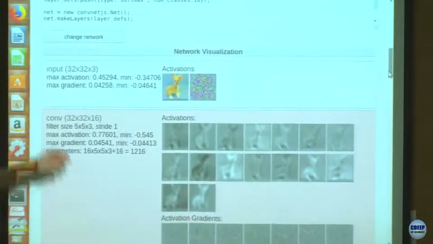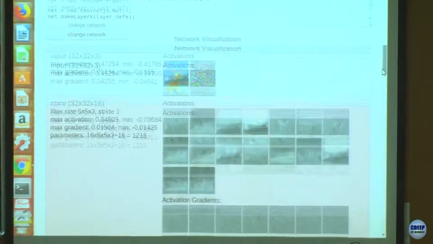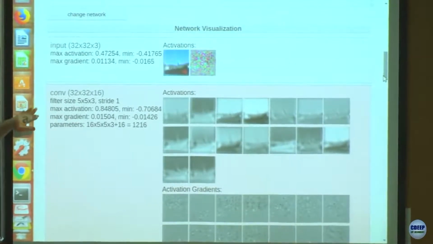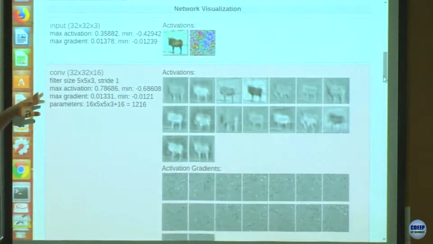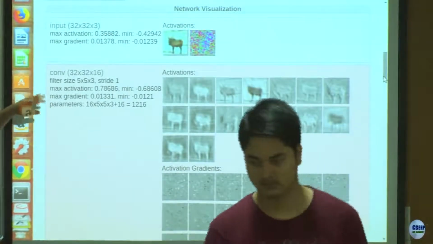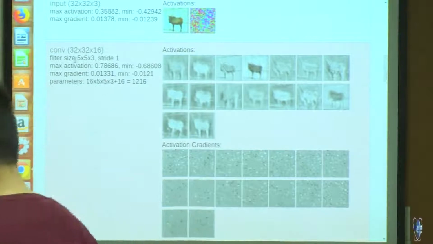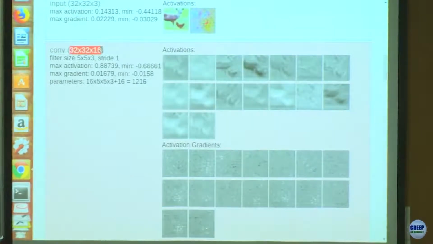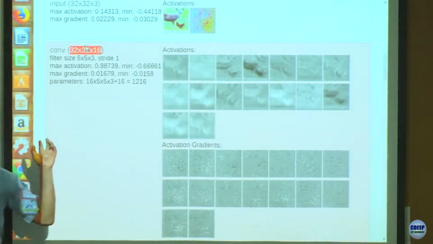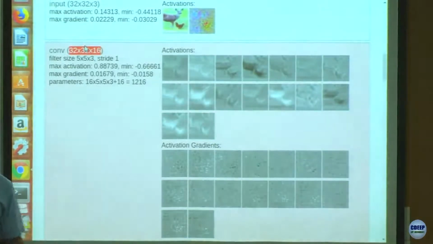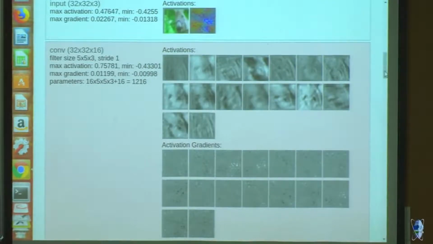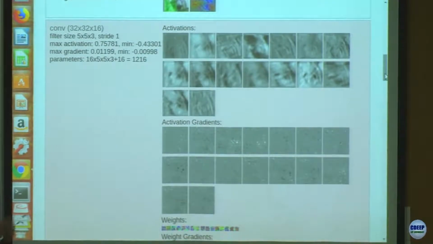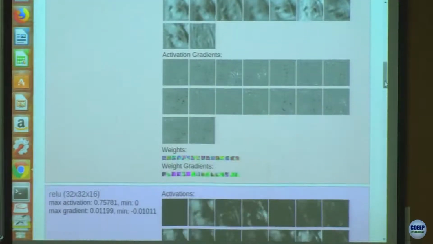These different examples are being provided for training, and you can see the activation gradients. Now this is a convolutional layer, 32 by 32. That's the size, P is 32, Q is 32. 16 is the depth on which it's operating. Okay, and activation gradients and weights.